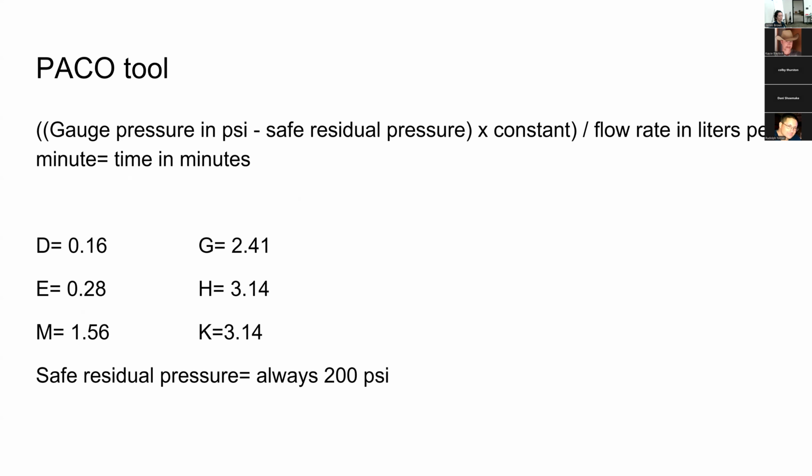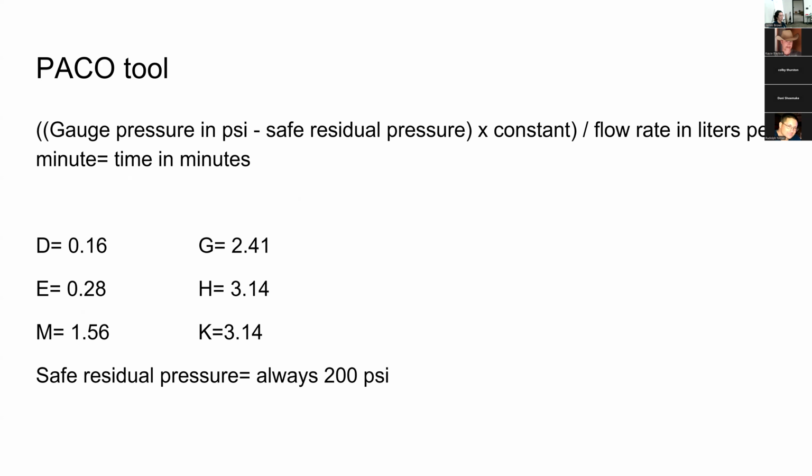So the long formula is the gauge pressure in PSI minus your safe residual pressure, which is 200. That's your constant. It's like the safest minimum, times the constant of your tank. And all of those numbers are the constants to different sized tanks, divided by the flow rate in minutes.